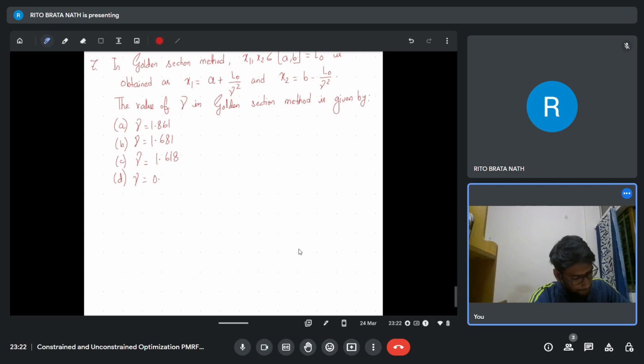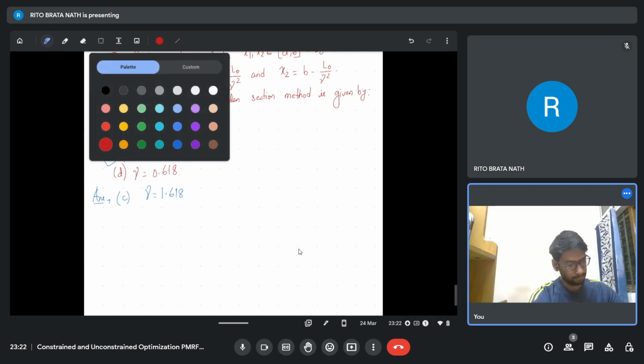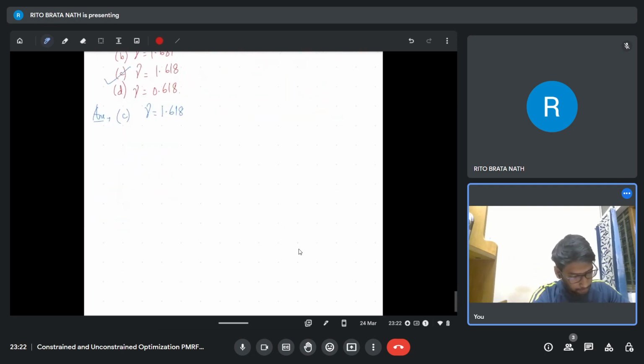Straightforward. Okay. So actually option C is the correct one. And you can write down the answer. So that's option C, which is gamma equals 1.618. Okay, so problem 8 is again directly from the slides itself. So I'll write down the problem. So this is 8.